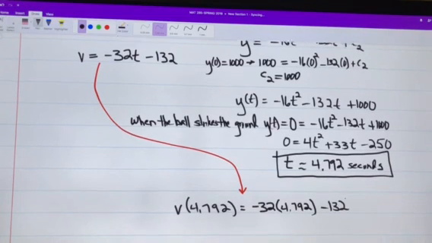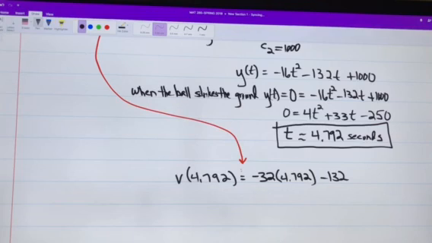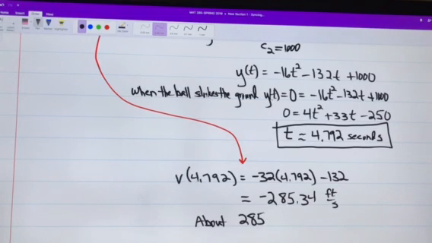For this particular outcome, we have about negative 285.34 feet per second. So contextually, you have about 285.34 feet per second downward.